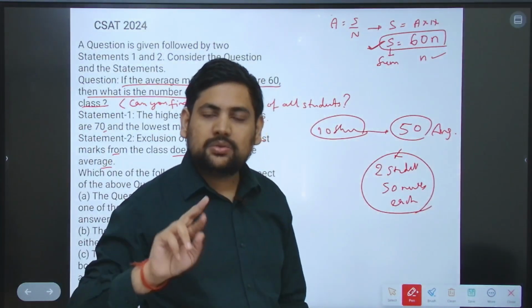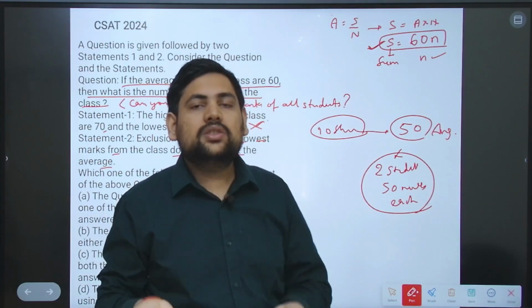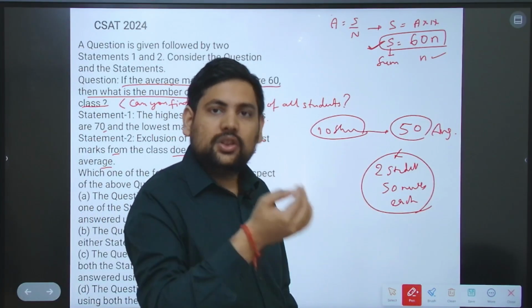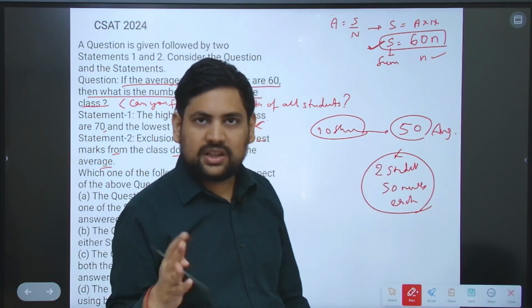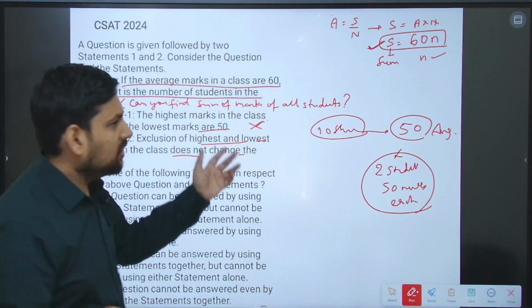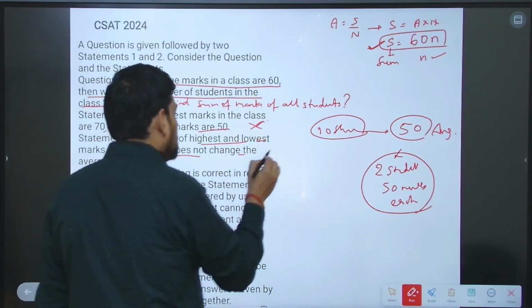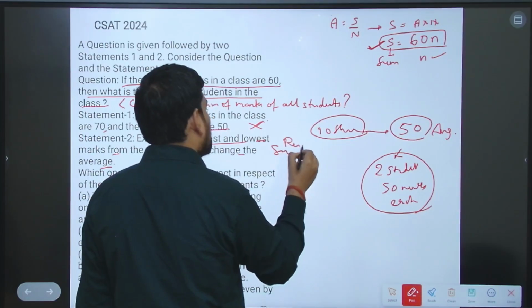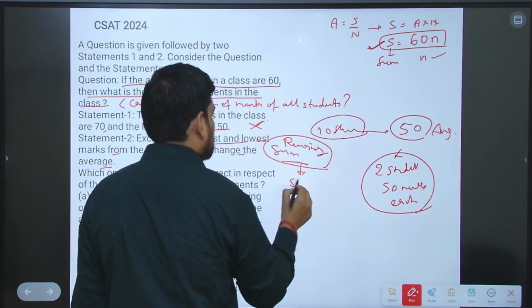If I remove two students who were getting 60 marks, then the students who had more marks have now left, so the average will reduce. But if they have the same as average, it won't change anything in the average. So highest and lowest went, didn't change anything in the average, but it is not telling you anything about the remaining sum of students.